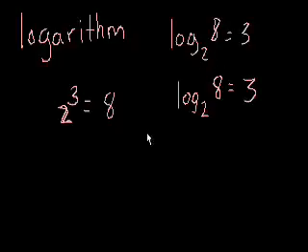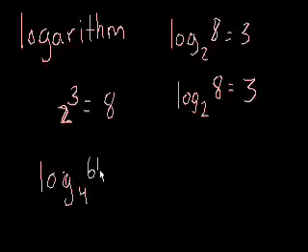Let's do a couple more examples, and I think you might get it. If I were to say log, what happened to my pen? Log base 4 of 64 is equal to x.